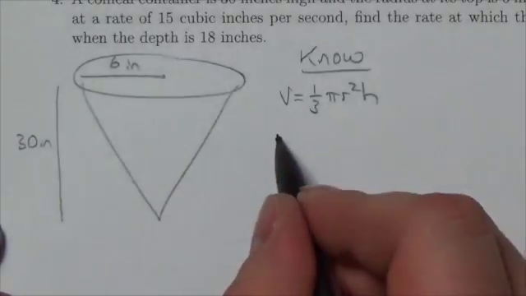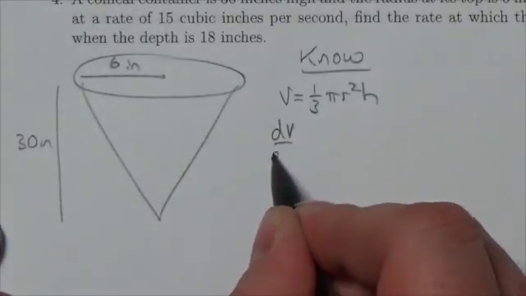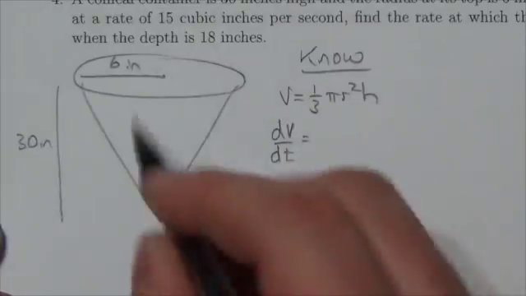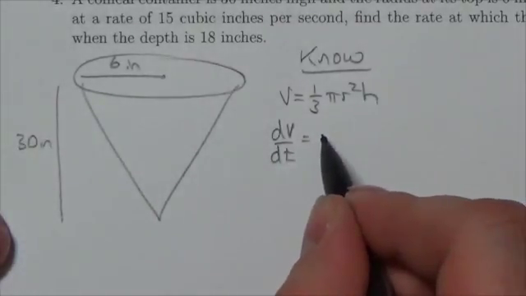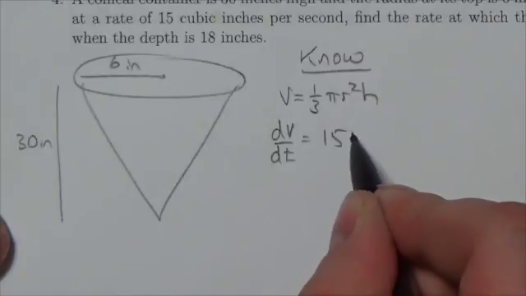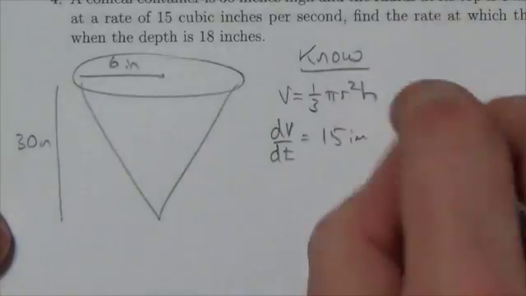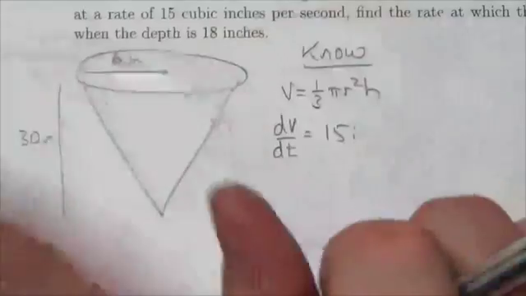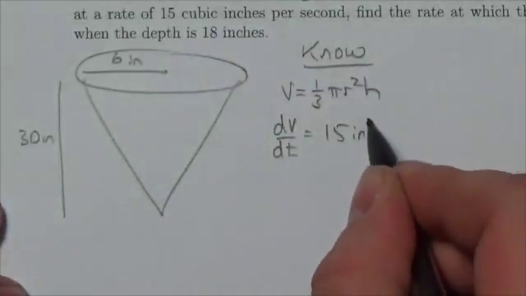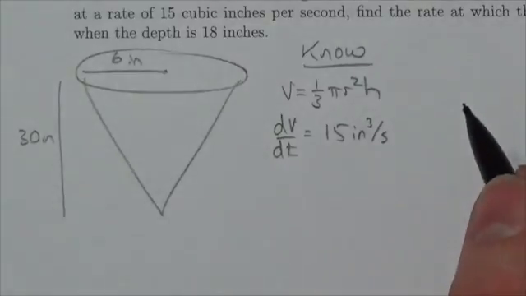Okay, there's my cone. I know that the volume of water in that cone is increasing. It's positive 15 cubic inches per second.